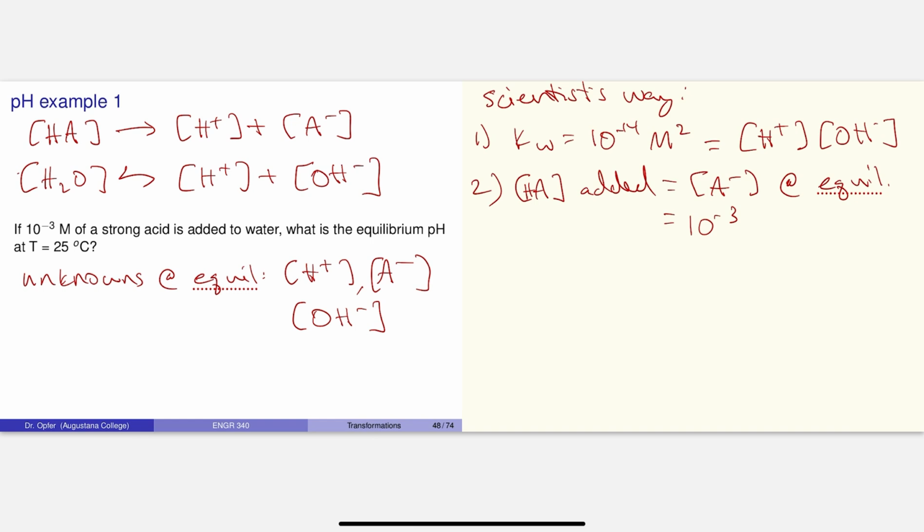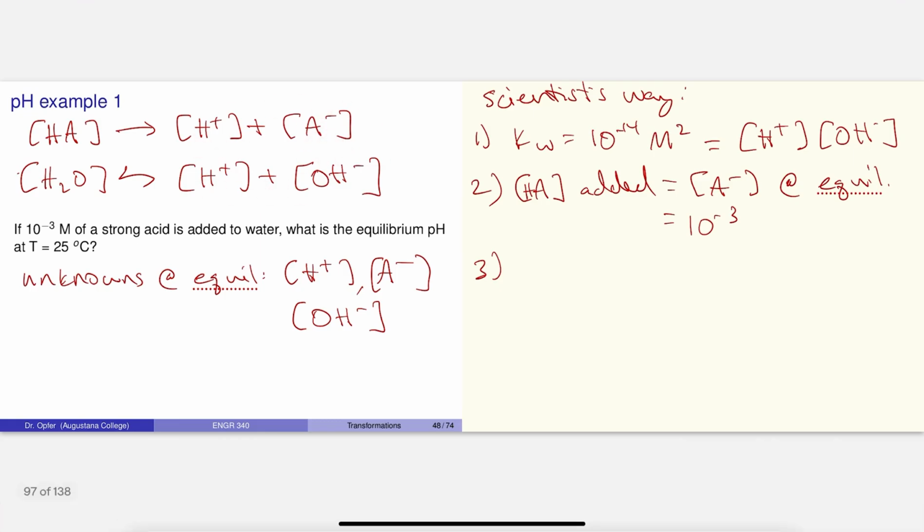And for equation number 3, also from stoichiometry, we need to conserve charge as well. Initially we're starting out with neutral charge, and then we have a bunch of charged ions. So the charges at equilibrium have to balance each other out.